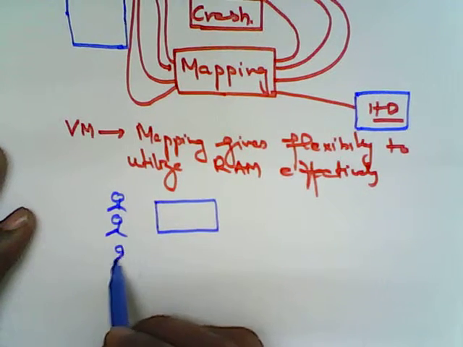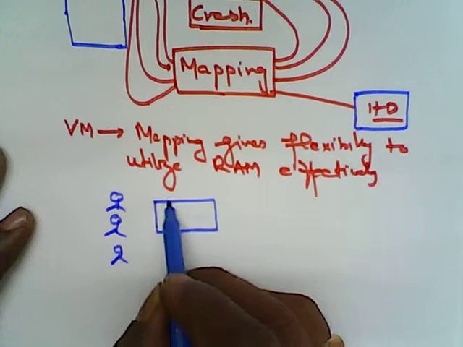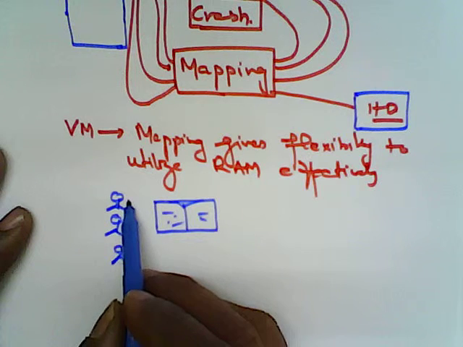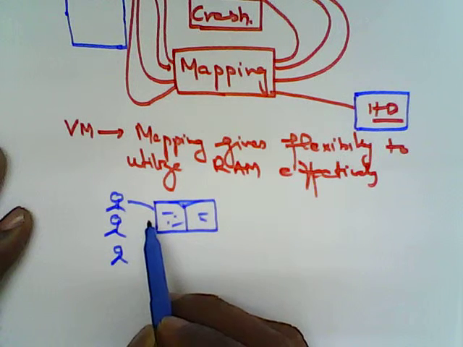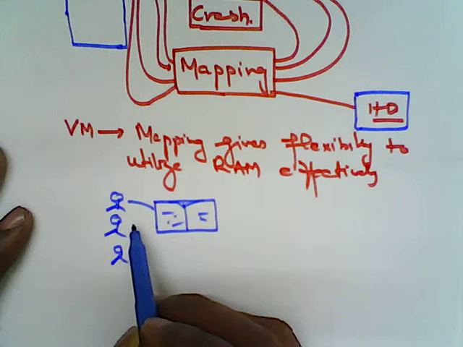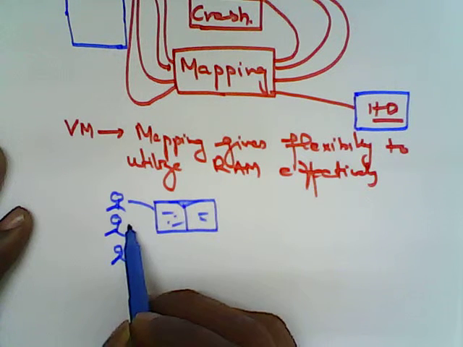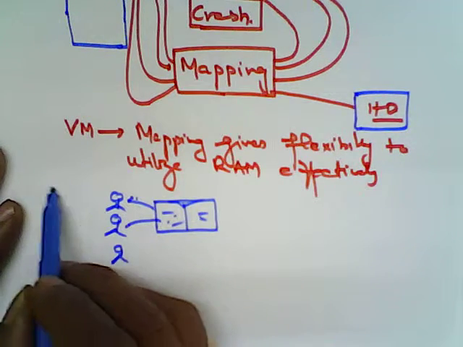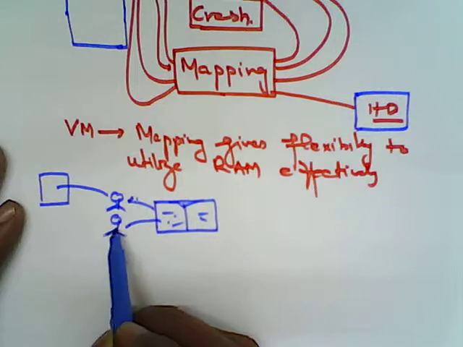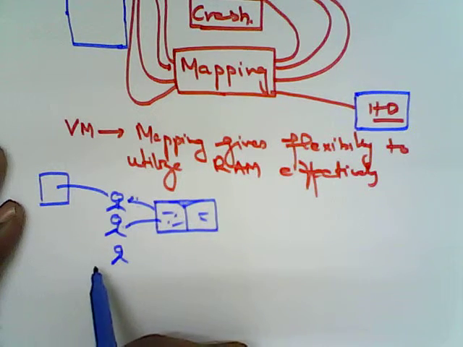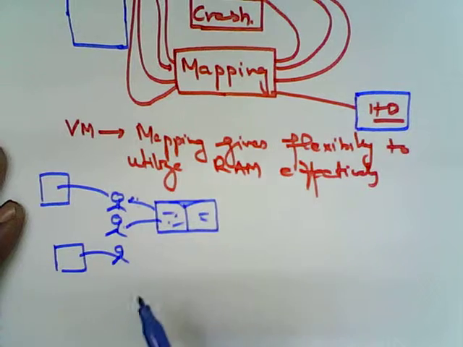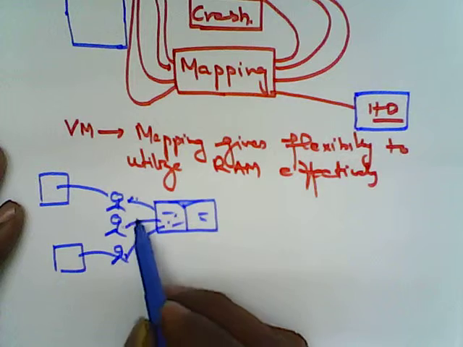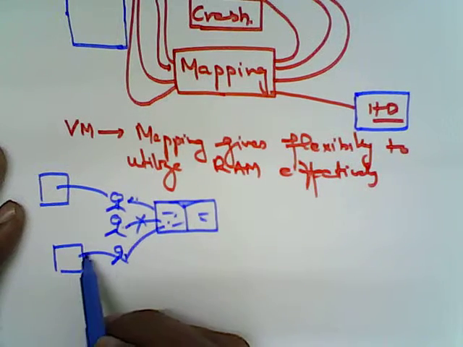You take this book for reading, and after a predefined time you interrupt yourself, take another book and start reading, and you allow this person to read, and this person is also reading. After that, when the third person needs this book, you give it to the third person and take another book and use it. So this entire thing is a mapping process.